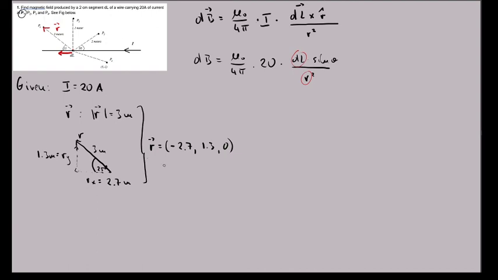But I don't actually have to figure all of this out. What I could do is I could just rewrite this here as, so let's take the next step, dB equals mu naught, which is a constant, over 4 pi times 20 times, so the L, let's leave the L here, times the sine of, well, what's the angle between the L and R? It's just 25, so I'm going to write here, this is 25 divided by R, and this is a magnitude, so R has a magnitude of 3.